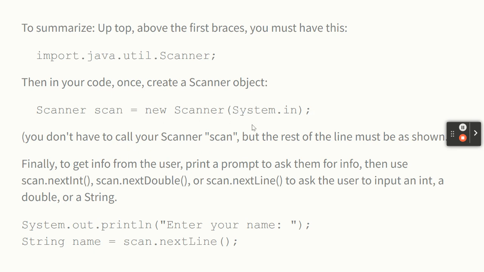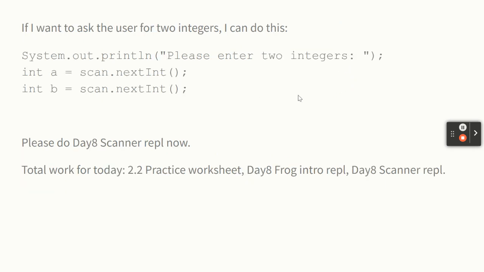And then finally, to get information from the user, you print a prompt, just a print call, System.out.println, tell them what you want. And then on the next line, you can say something like this, String name equals scan.nextLine if you wanted a string, and you'd say nextInt if you wanted a number. So nextLine is for strings.